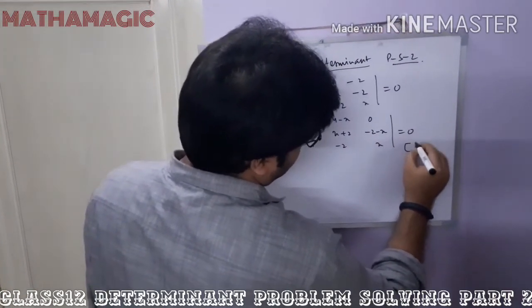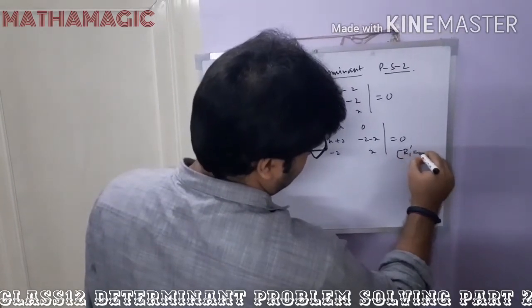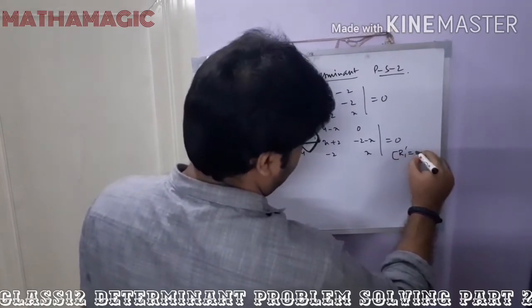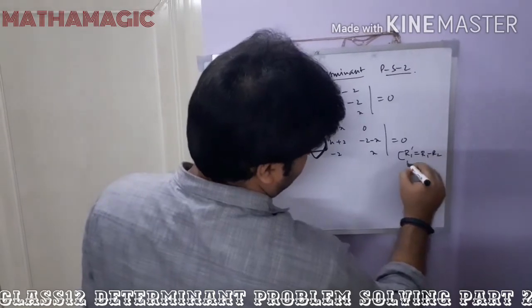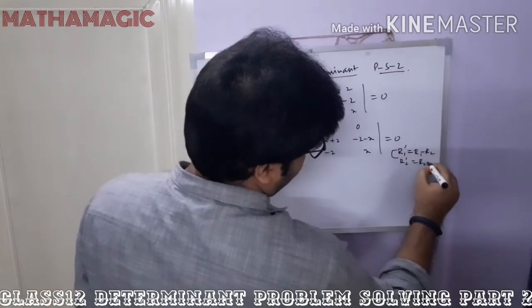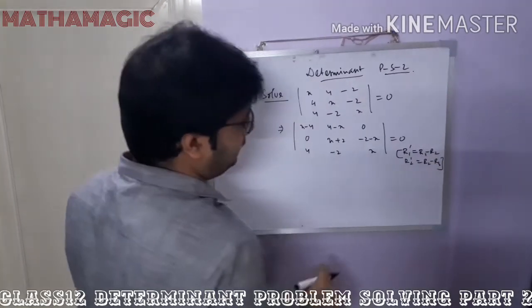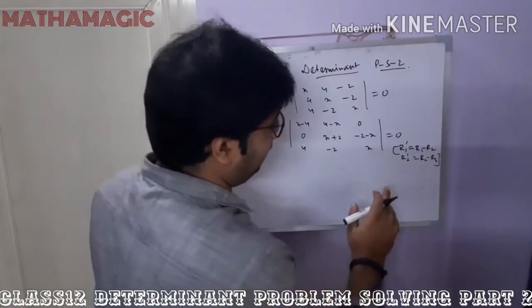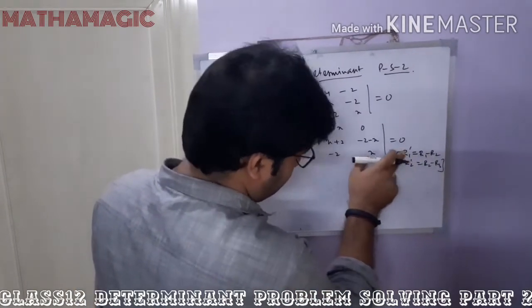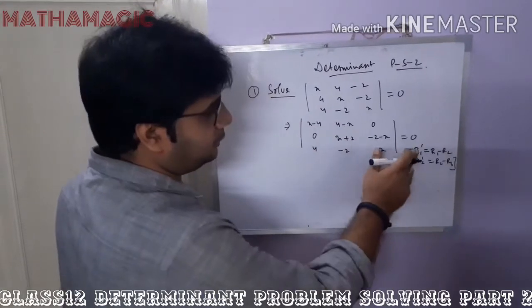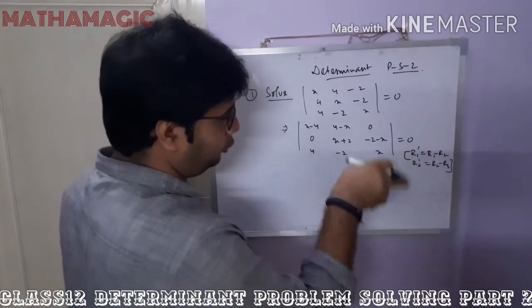What we have done is r1 dash equals r1 minus r2, and r2 dash equals r2 minus r3. I am repeating once again that please don't do these two things in one step. Try to do these two operations in two different steps.